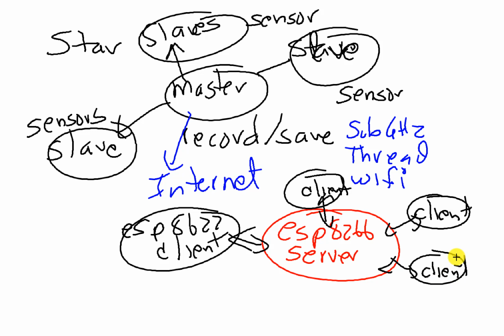Now, the advantage of this is it is easy to extend, to add more nodes. It does give you a strong sense of control. With a master-slave, you know what you're doing because you have a master controlling it.